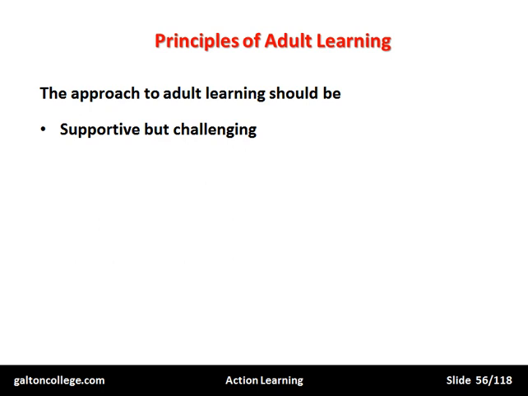So looking at adult learning requires supportive comment and challenging, but challenging in a way that leads them to consider different approaches. And once they've considered the alternative approaches, they may then voluntarily select one of the alternatives. So, generally speaking, we deal with adults in a supportive but challenging form.